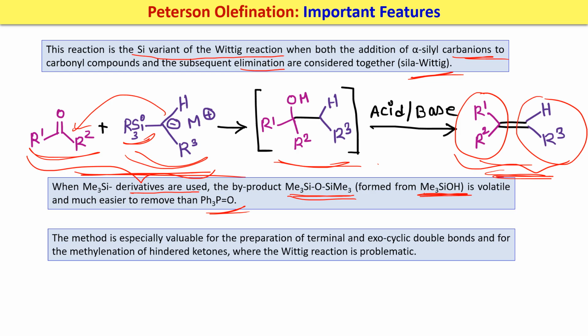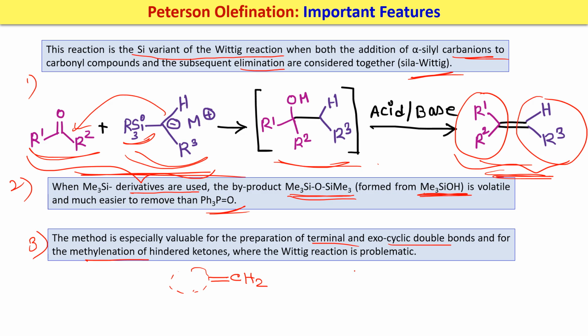Next feature, this is number 1, this is number 2 feature, this is number 3. The method is especially valuable for the preparation of terminal or exocyclic double bond. So suppose you have some cyclic structure and there is exocyclic double bond, and it is also a good method for methylation of hindered ketones.